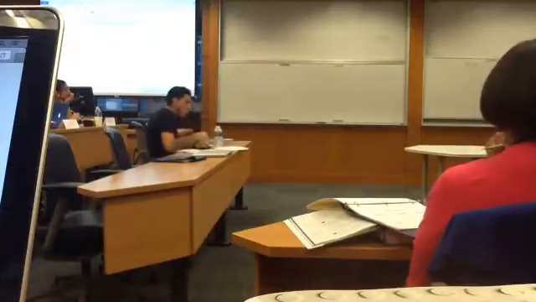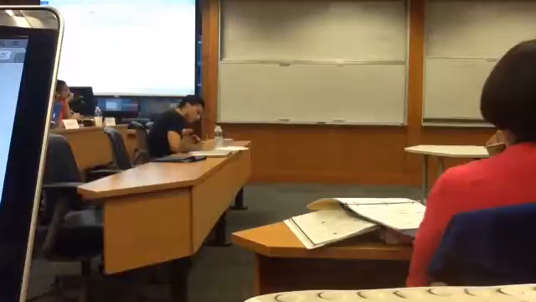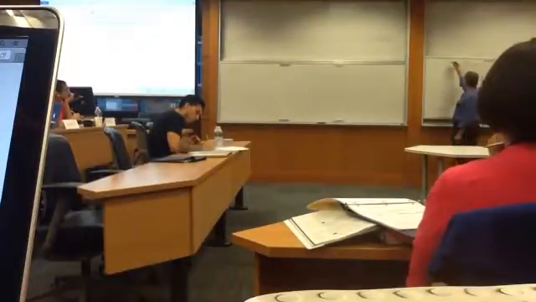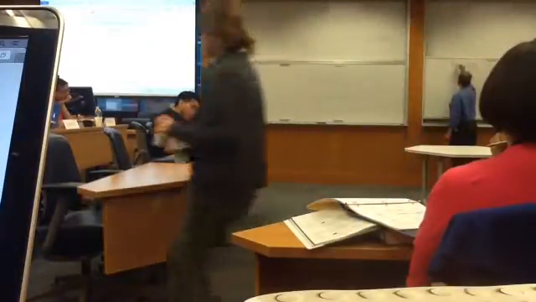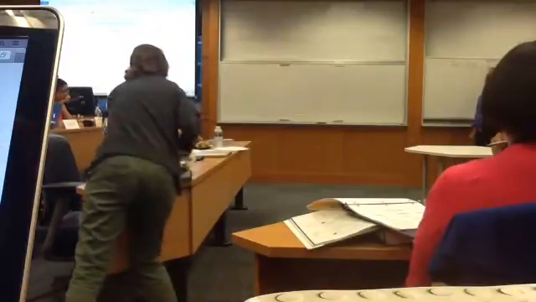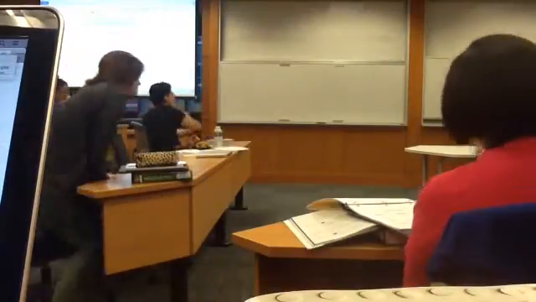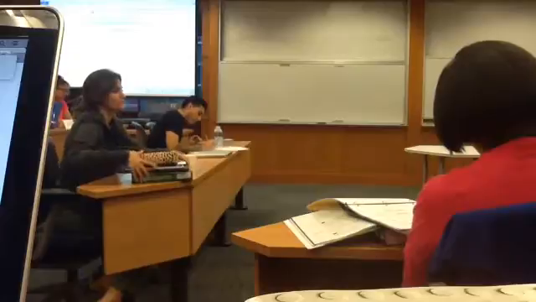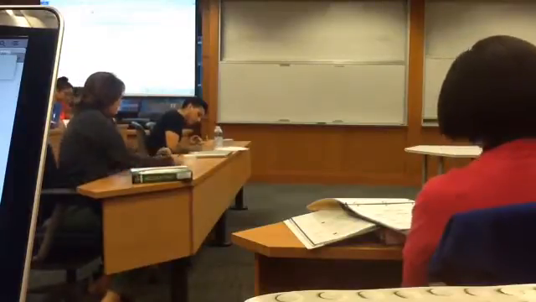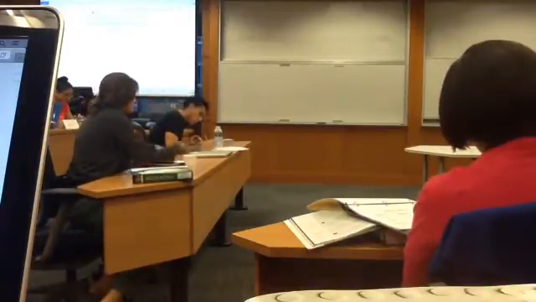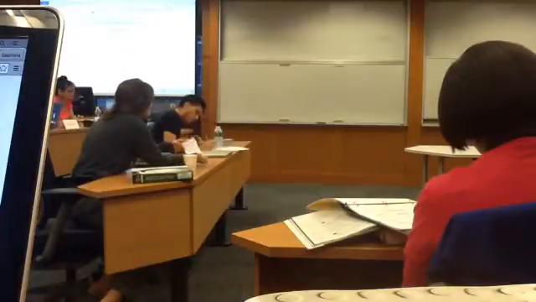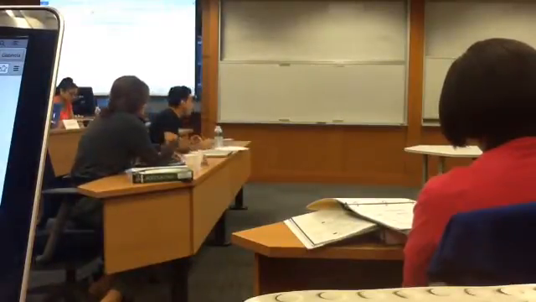So cash is a classic example of a T account. The left side of the T is the debit side, and the right side of the T is the credit side. This is for every T account. It doesn't matter what it is. Every T account has a debit side and a credit side, and the left side of the T is always debit, and the right side is always credit.